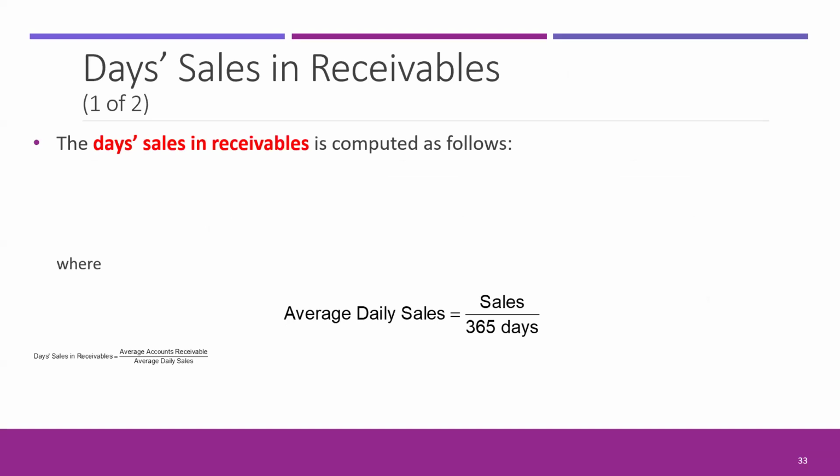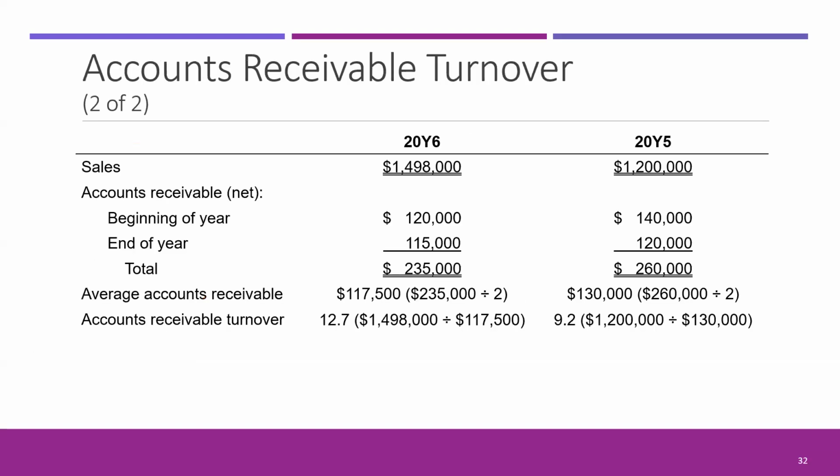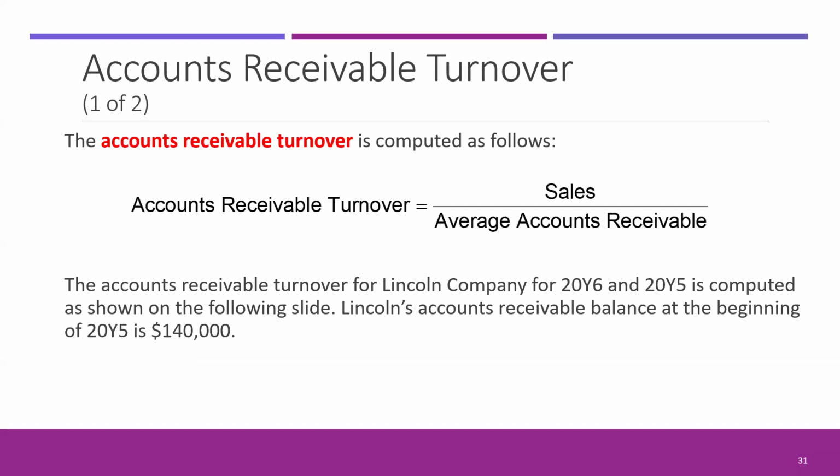And days sales in receivables is really just a different way to look at it. Average daily sales is sales divided by 365, and then days sales in receivables is average accounts receivable divided by average daily sales. This is sort of hilarious, I don't know how this got corrupted like this. You can also take it as 365 divided by the accounts receivable turnover.